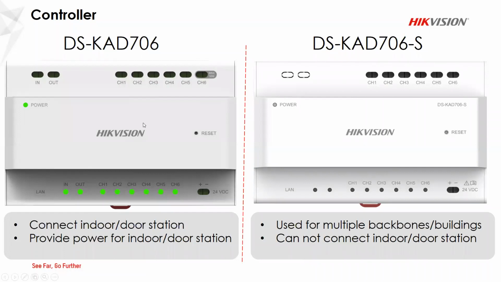So that is essential in every 2-wire IP system, and it can be used to provide power for the indoor station and the door station. But the KD706-S can only be used to connect between the distributors. So it cannot be used to connect indoor stations and door stations.